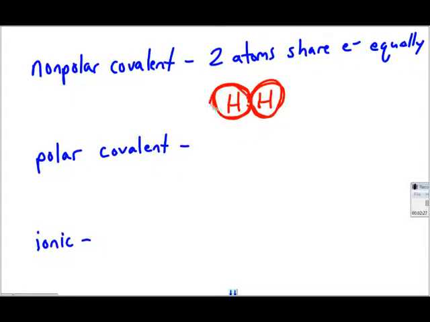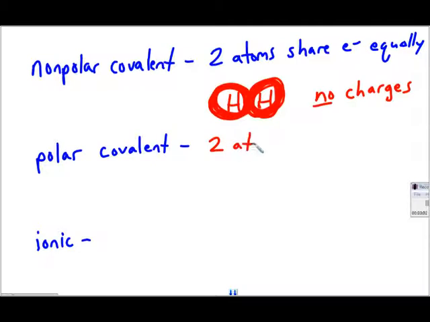Maybe they go around this hydrogen once, this hydrogen once, then around this hydrogen three times, and this hydrogen three times. It all evens out. If we could map the journey, those negative electrons would spend roughly equal time around each atom. That means they're sharing equally, so they're both going to stay neutral and not become charged.